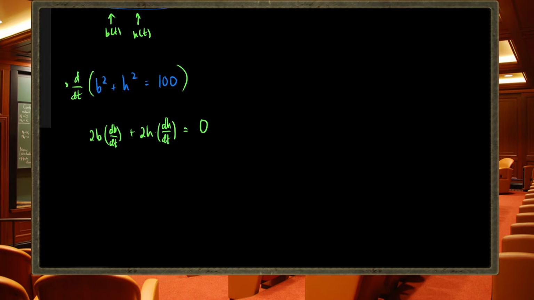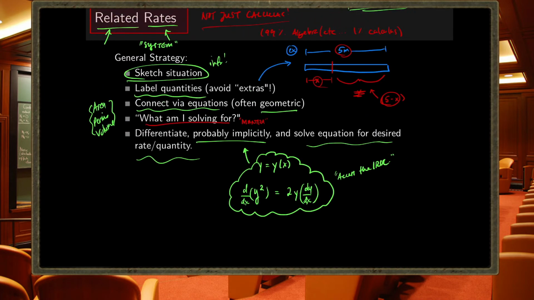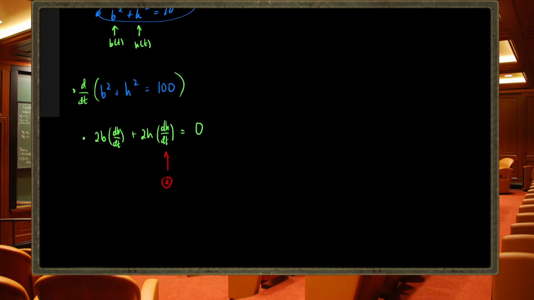All right, so now from here, what do we know? I know I'm after this. This is what we've been searching for. Differentiate, probably implicitly, and solve for the desired rate. So we just differentiated implicitly, and we now have access to dh/dt.